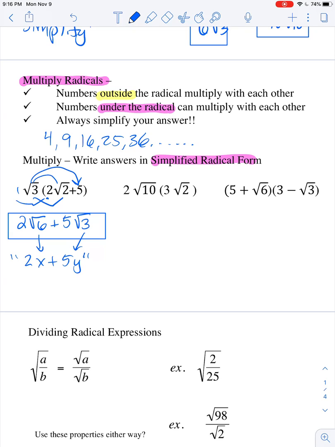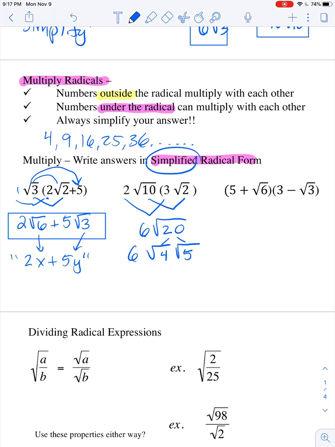This isn't really distributing. There's no plus or minus, so I don't have to pass it out to multiple terms. I simply have to look at my outside numbers and get a 6 from those. And then my inside numbers will give me a 20. But simplified radical form means that's not going to be a full credit answer. So I have to look for numbers that go into 20 that are perfect squares. Not surprisingly, it's a 4 times 5.